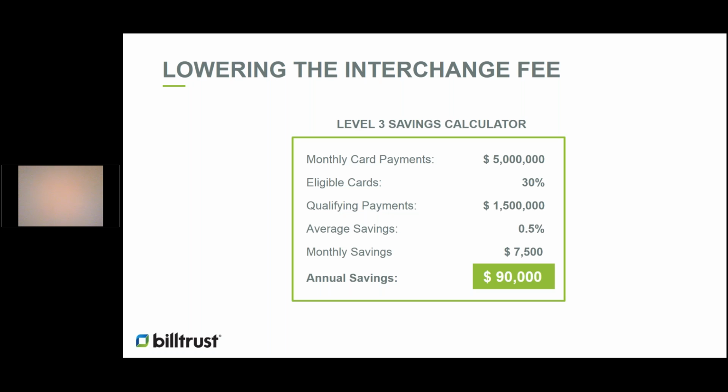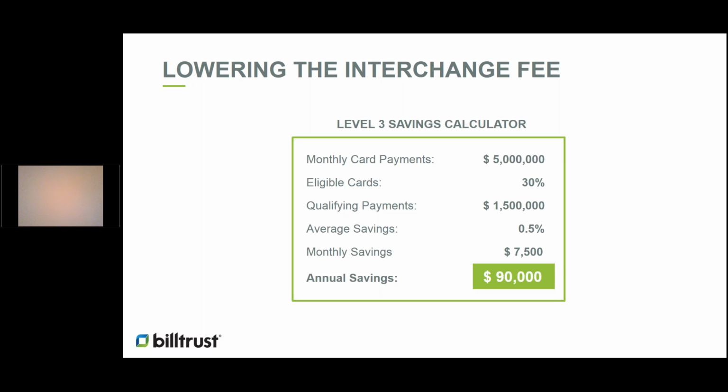That means that $1.5 million worth of those card payments are eligible for level 3 savings. And the average savings for level 3 is roughly around 0.5%. Again, the Visa and MasterCard interchange schedules are pretty complicated, so there are a lot of factors and variables. But at Billtrust, on average, we've seen that you save roughly 0.5% per transaction with level 3.